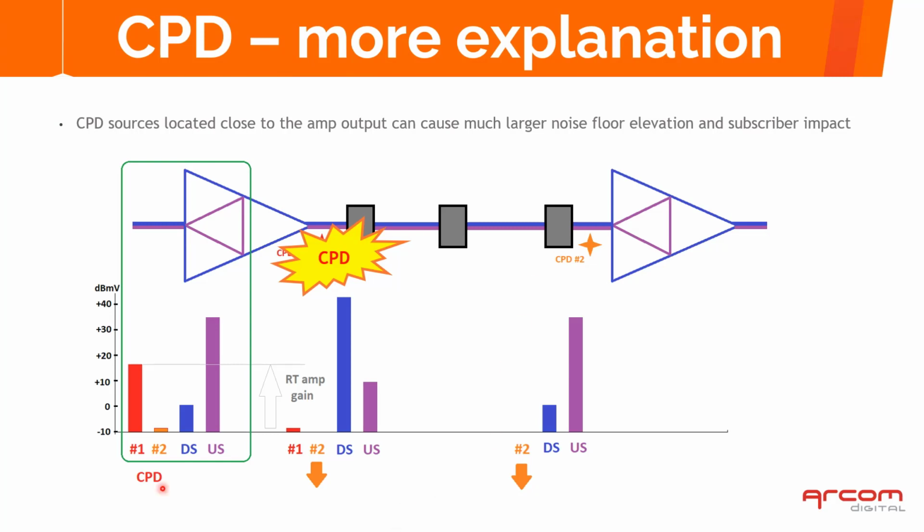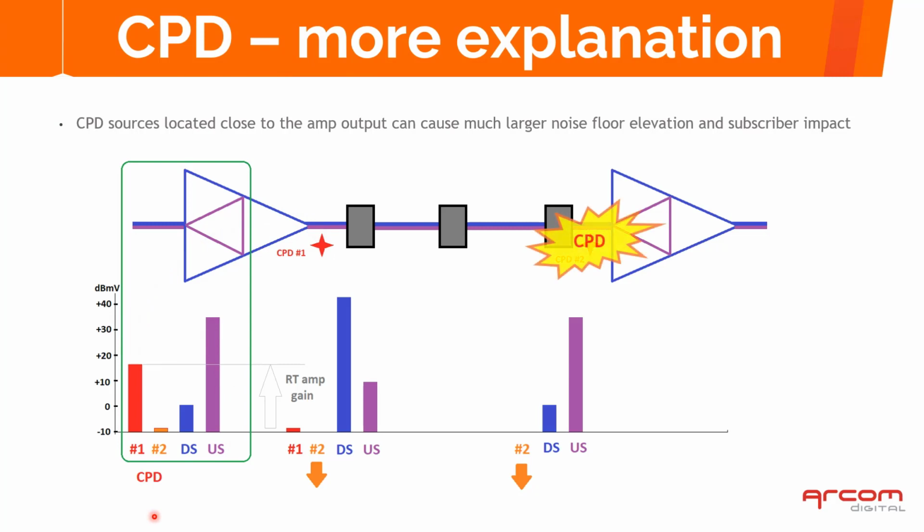So when we have this level at the CPD source location, it will create strong intermodulation, and this intermodulation will be amplified by the return amp gain. It will result in a relatively high level of the CPD signal in comparison with the upstream level at this location.